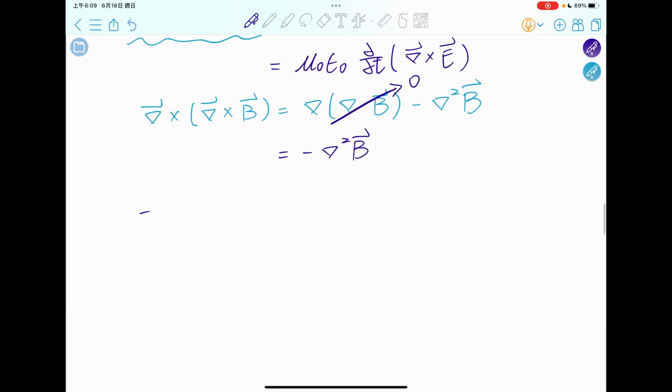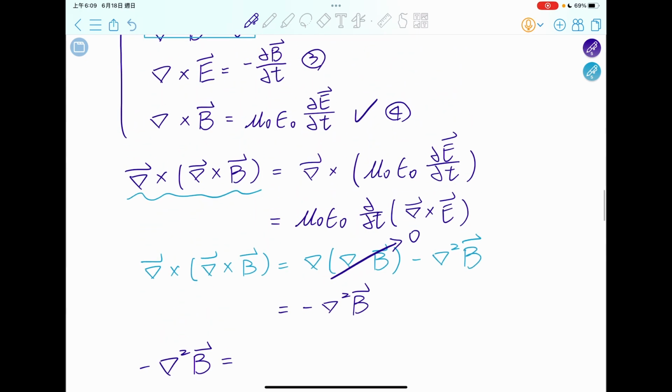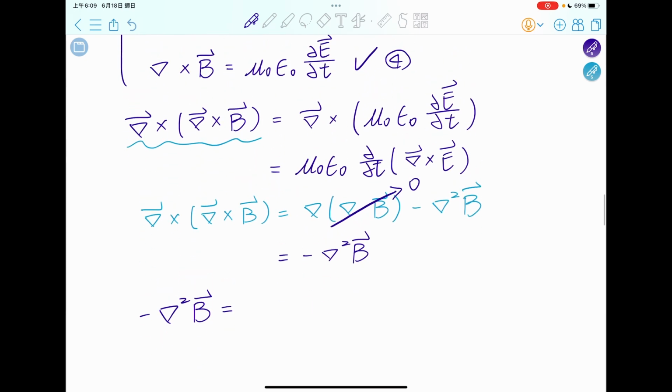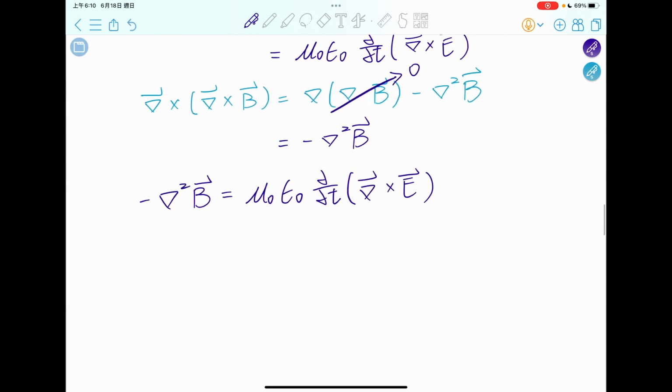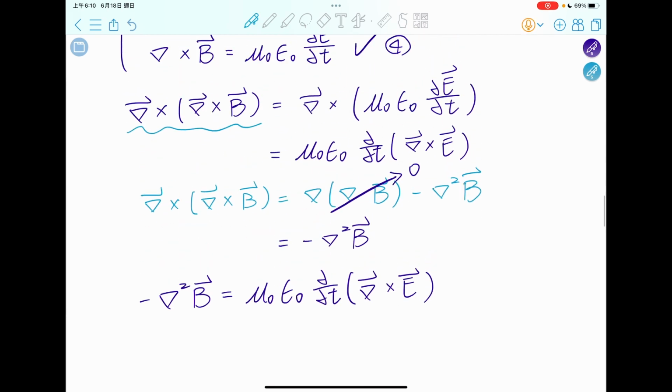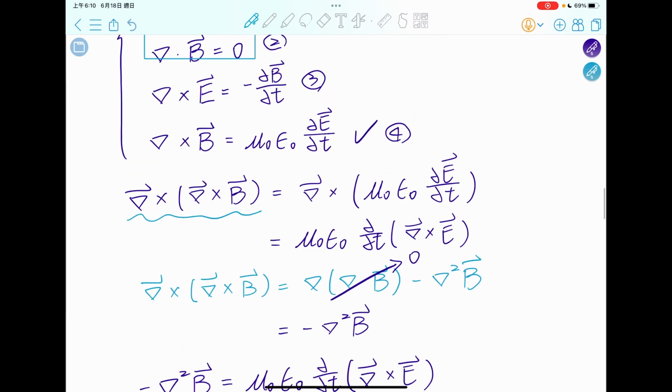And then we'll get negative the Laplacian of B equals mu naught epsilon naught partial del cross E with respect to t. And we will rewrite it by the third equation.